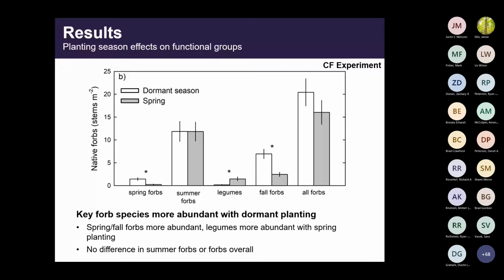But when spring planting, we tend to get more legumes. So for the most abundant group, the summer forbs, we found that planting season really doesn't make too big of a difference. And again, when we looked at overall forb density, not a big difference in season of planting.